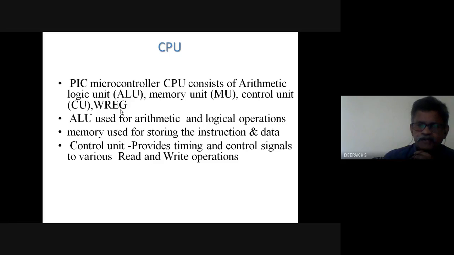So the ALU is used for arithmetic and logical operations, and the operands would come from memory. You have ROM as well as RAM. From RAM you get the data, and from ROM you get the instruction.